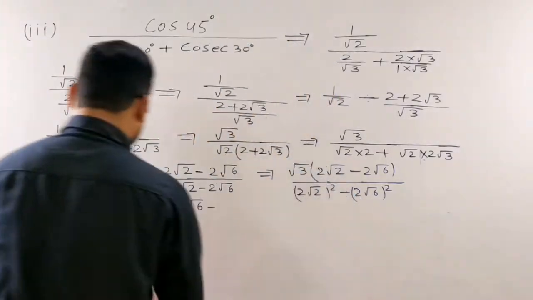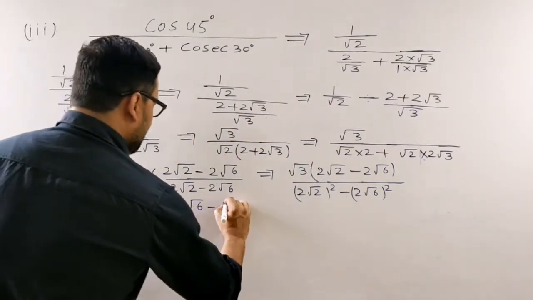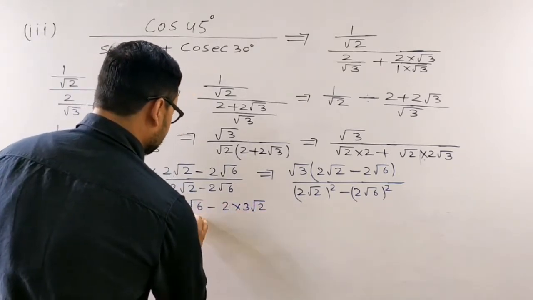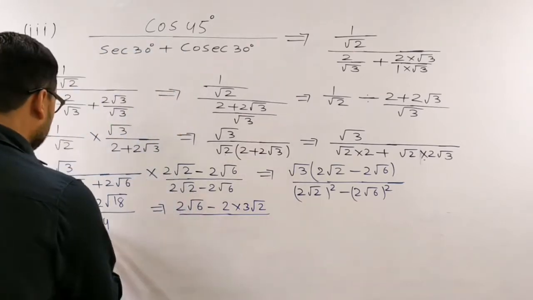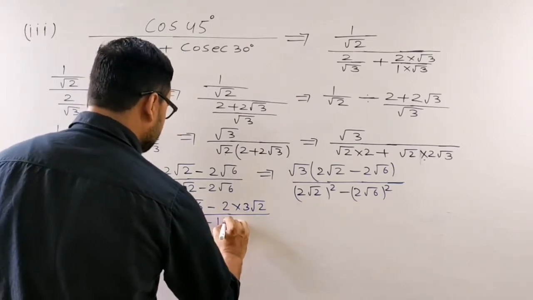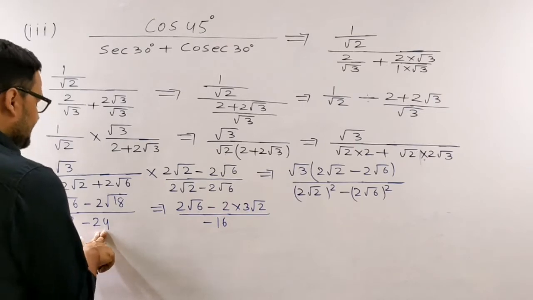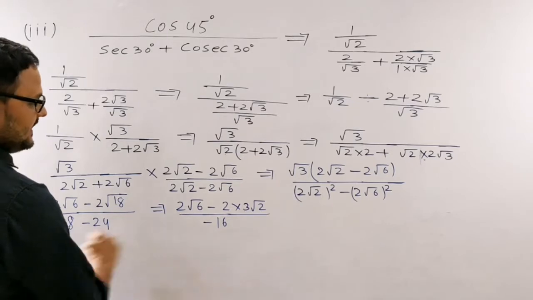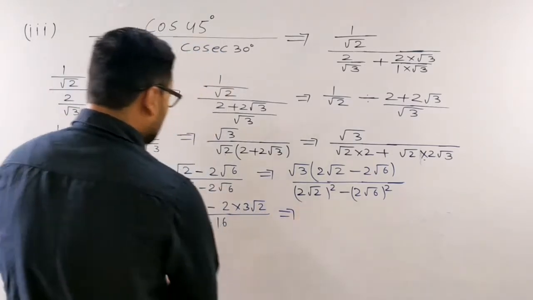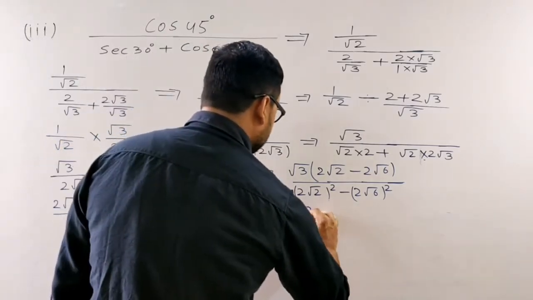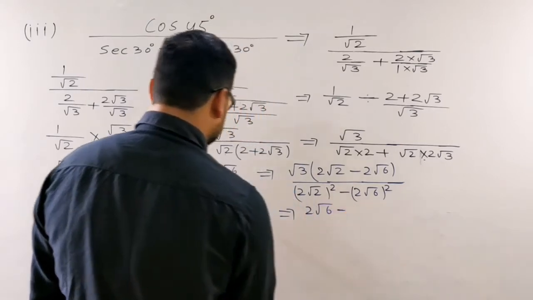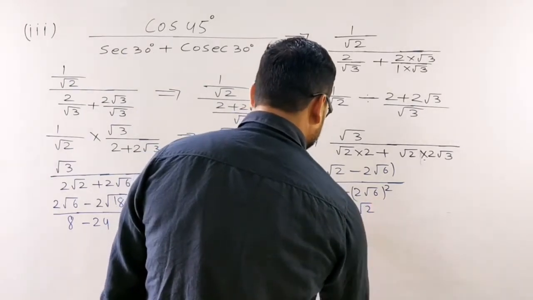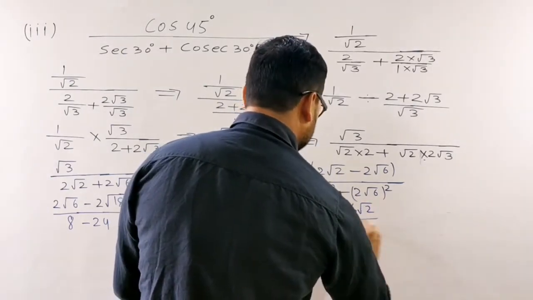Now, 2 root 6 minus 2 into root 18, 3 root 2. Then divide 8 minus 24, minus 16. Bigger number 24 minus 8, 16. The number we have has the minus symbol, so minus 16. Now 2 root 6 minus 3 into 6, it means minus 6 root 2, divided by minus 16.